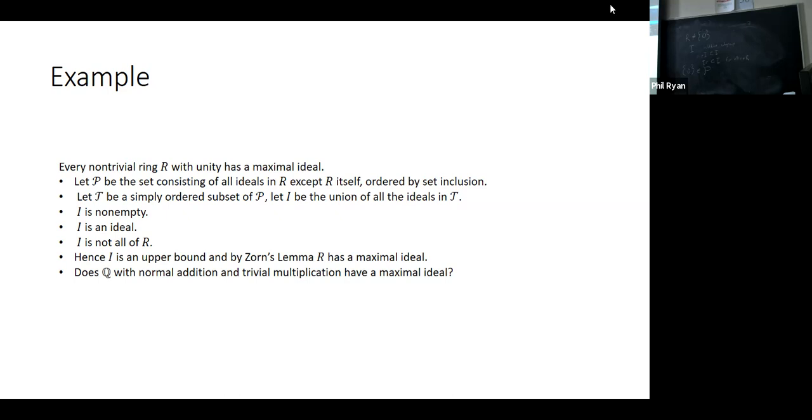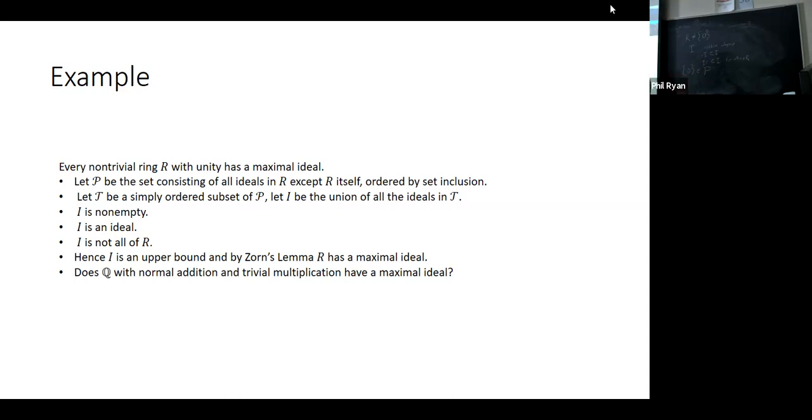One has to be in some I alpha, another has to be in some I beta, but one of them has to be further along. So if beta is further along than alpha, then both elements have to be in I beta. Since that's an additive subgroup there, the sum has to be in I beta, so therefore it has to be in I.